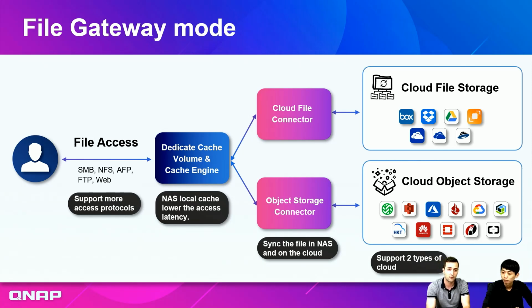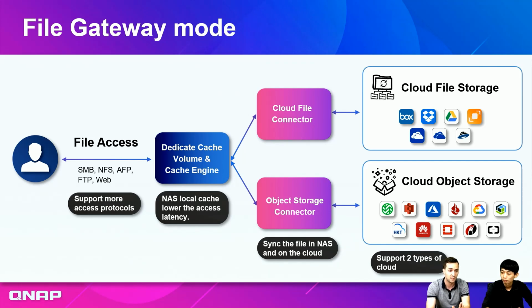So once we create the cache space, we actually make use of the cache engine. So we have the dedicated cache volume and cache engine where the NAS as a local cache can lower the access latency. It actually can increase the speed of accessing files on the cloud, either file-based or object-based.